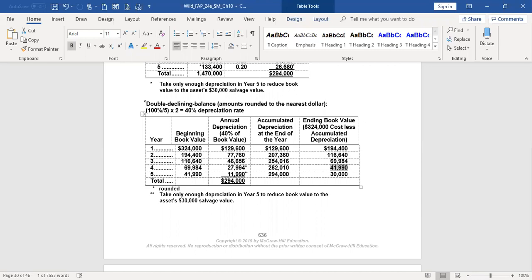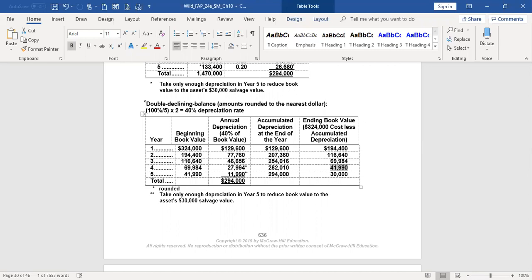So if we took $41,990, year five's beginning book value, times 40%, our depreciation expense would be $16,796. If we recorded all of that and added it to our existing accumulated depreciation, our accumulated depreciation balance would be $298,806. That would cause our book value to be $25,194. Not allowed. The lowest our book value can be is $30,000.